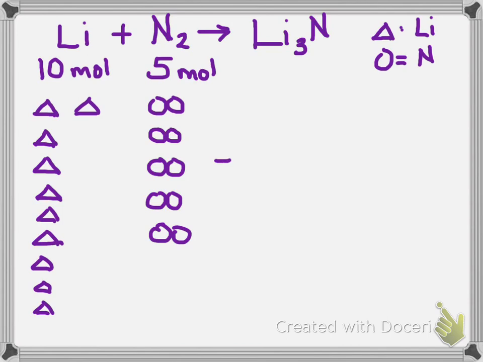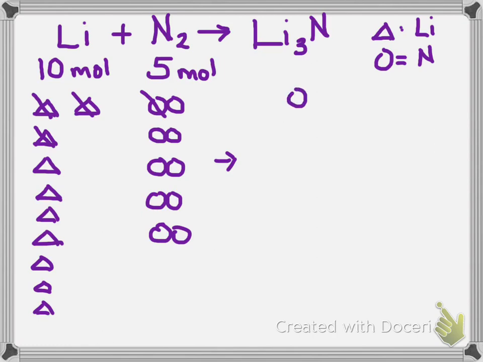Okay, so what we're going to make from this is lithium nitride, and each lithium nitride has 3 lithiums and 1 nitrogen. To show how to do this, I'm going to take 1, 2, 3 lithium and 1 nitrogen atom, and put those together.